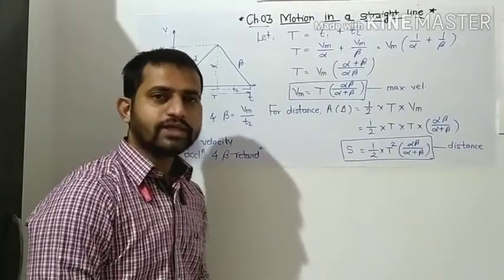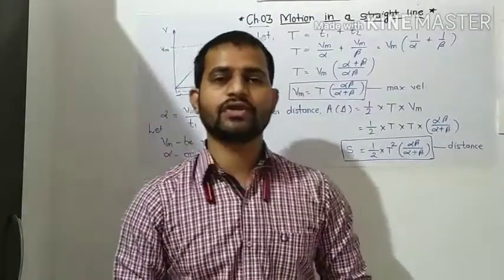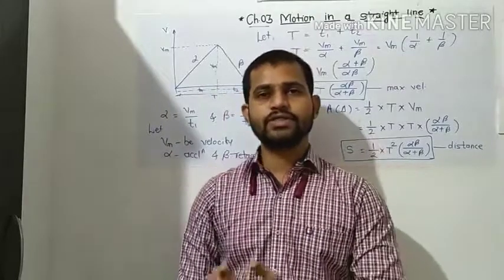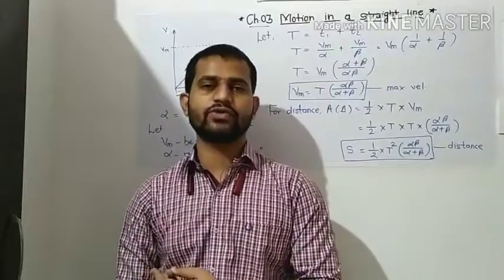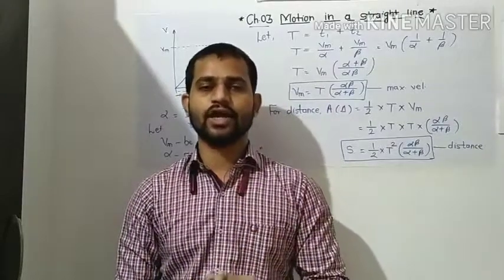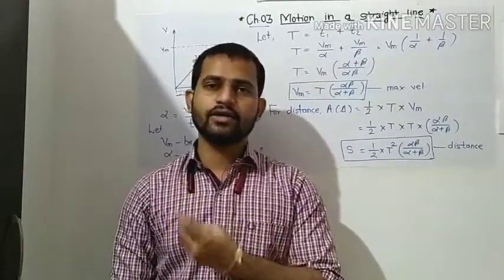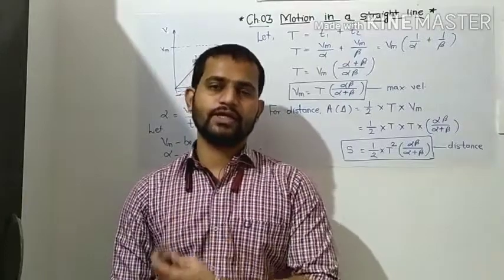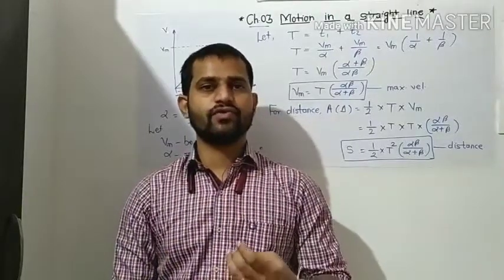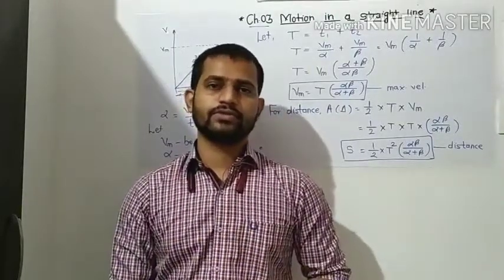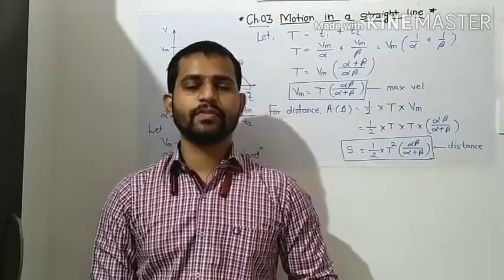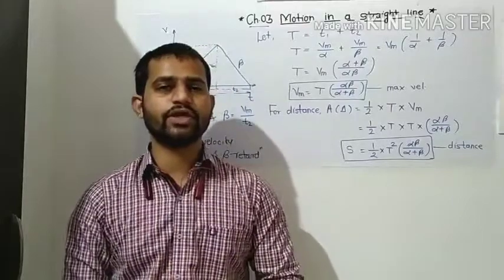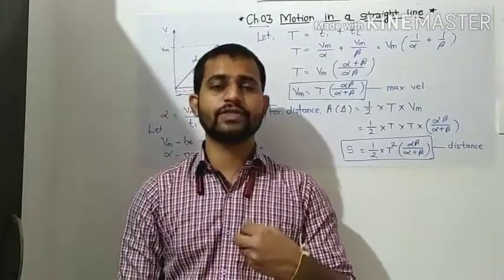So like this, even if the numerical values are not given, by using the terms in the VT curve, like the slope is equal to the acceleration and the area under the curve is equal to the displacement or the distance, we can find the unknown terms in such numericals. So we can use our knowledge of the VT curves for solving some problems.